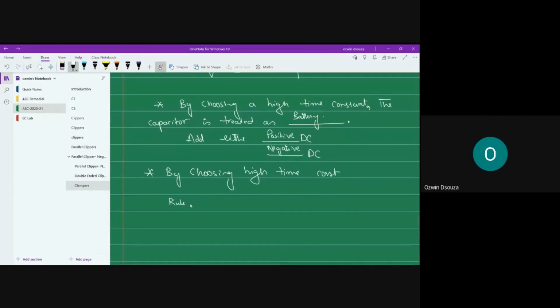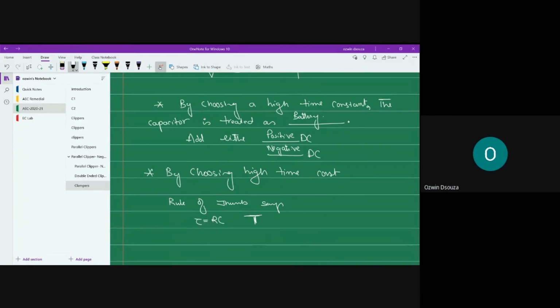So the rule of thumb says, your time constant, okay, so this is tau.